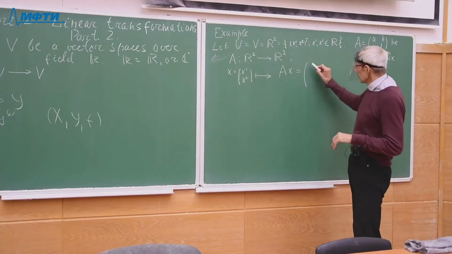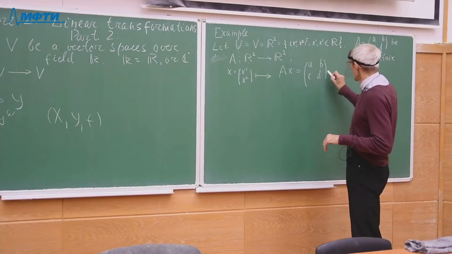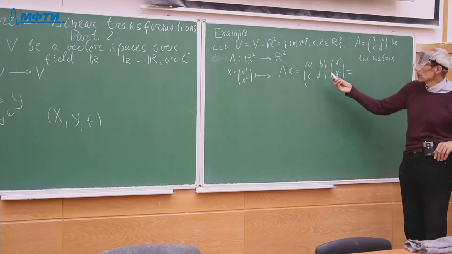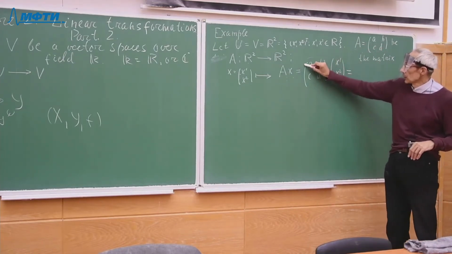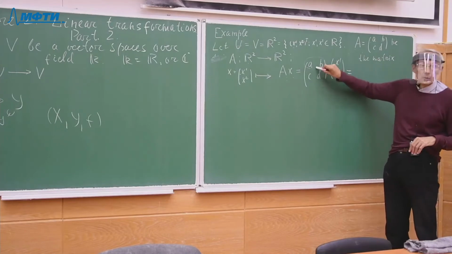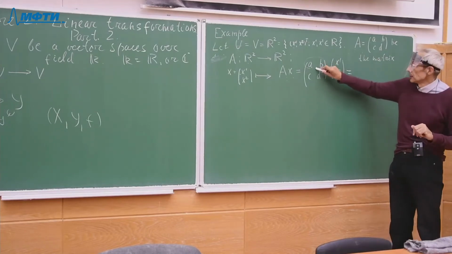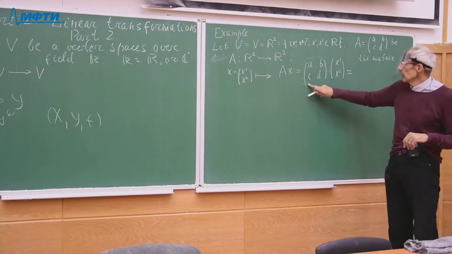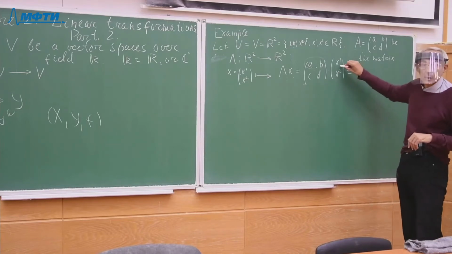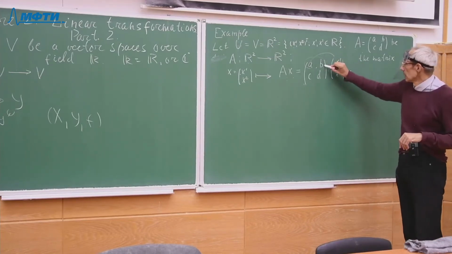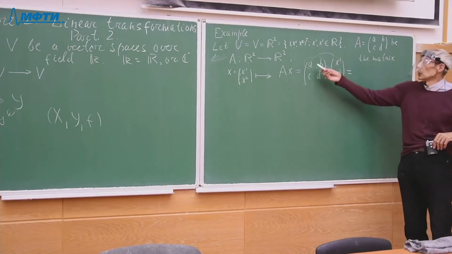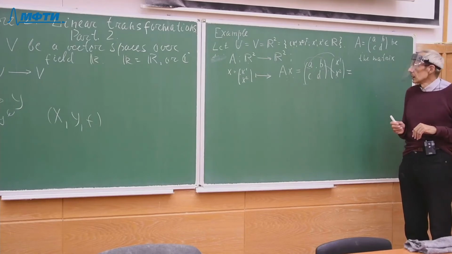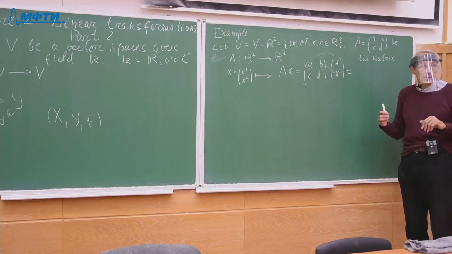I recall, by definition, the product of the matrix is defined in the following way. I multiply the row of the first multiplier on the column of the second multiplier, the first element on the first, second on the second, and after that I add these products.